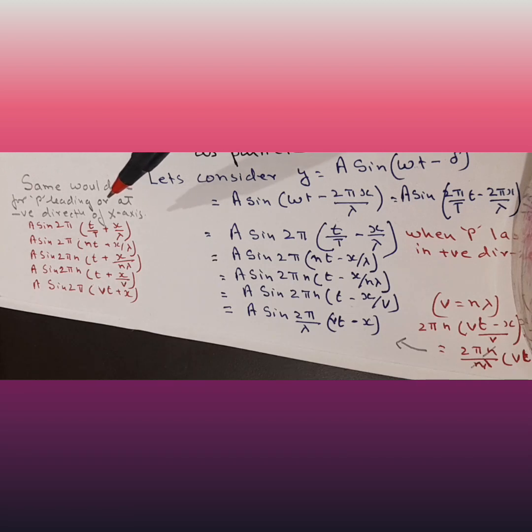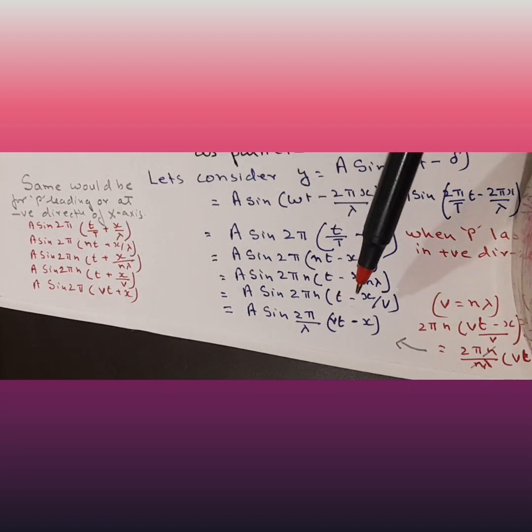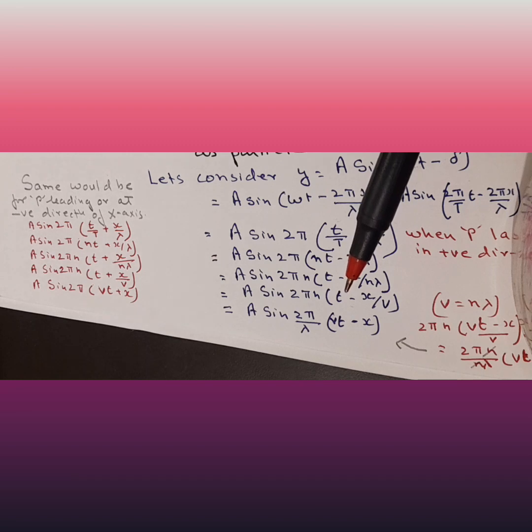When P is in the negative direction of the x-axis, it would be the leading particle, and the signs which are there would all change to positive. So keep this in mind. These two equations are the basic equations which you have got to keep in mind. There are lots of numericals based on these equations. So please do well, study well, understand well, and put in your effort.